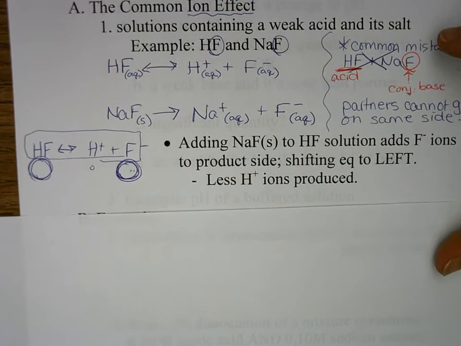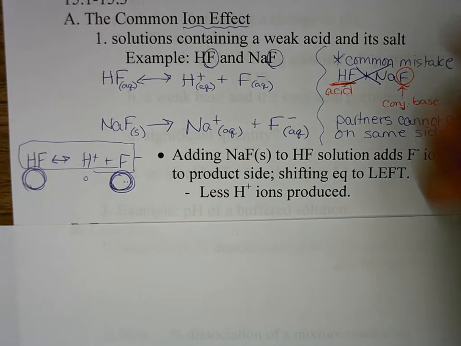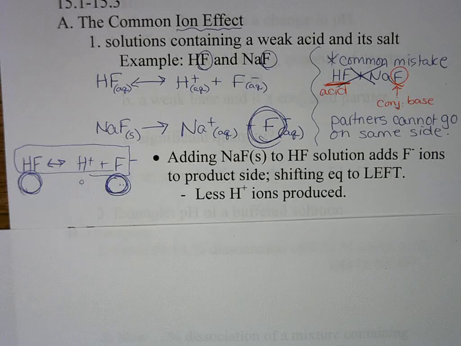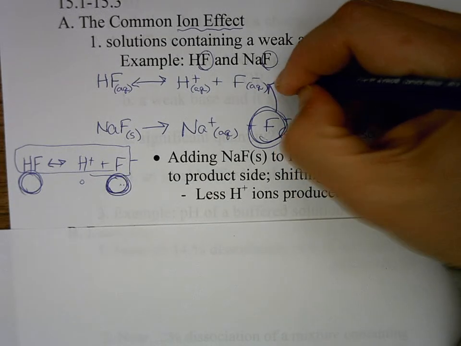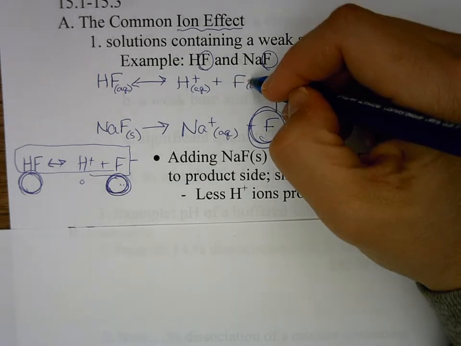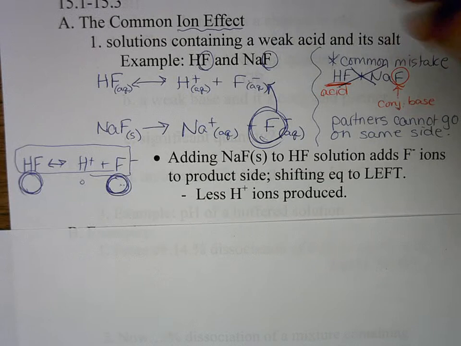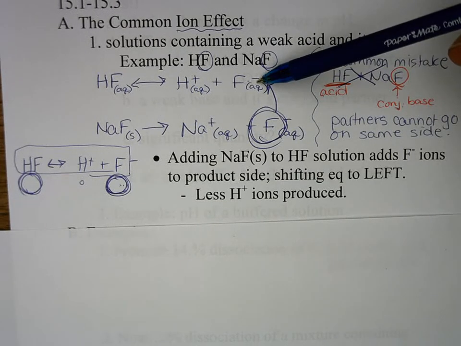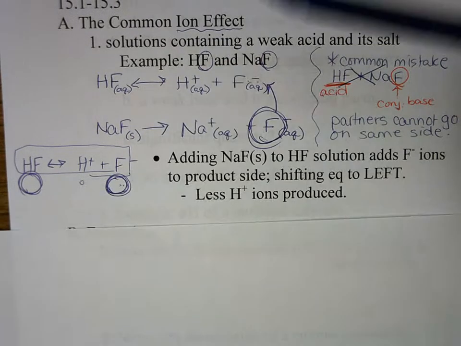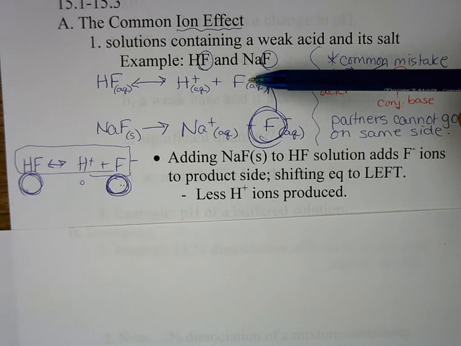Okay, now what happens when you do that is that fluoride ion from the sodium fluoride comes in here and fills in on the product side of the reaction, causing it to kind of shift to the left a little bit because I'm increasing the concentration of the fluoride ion.